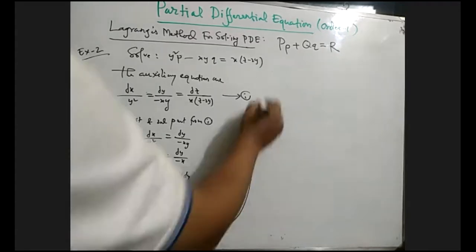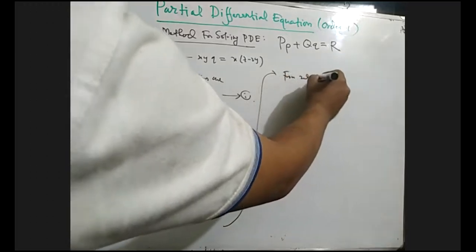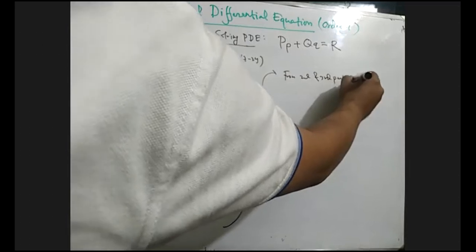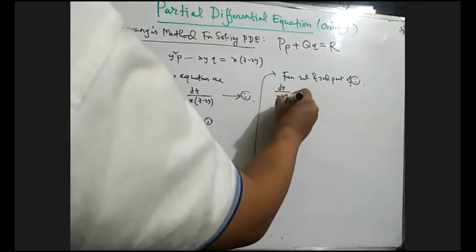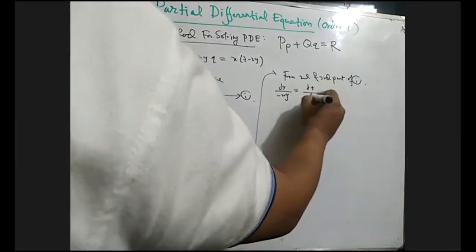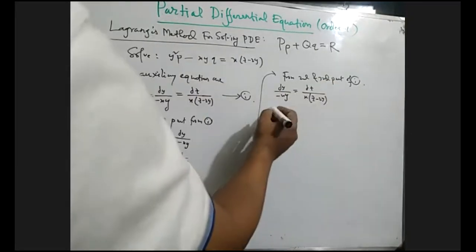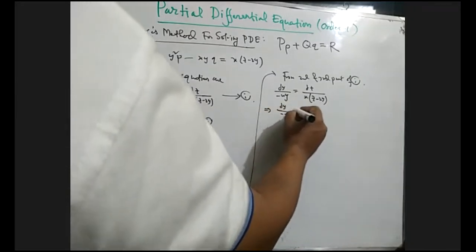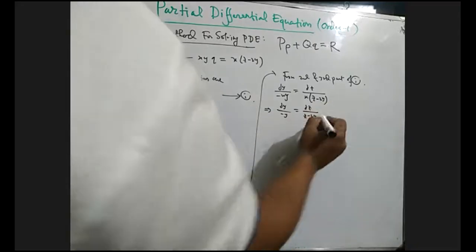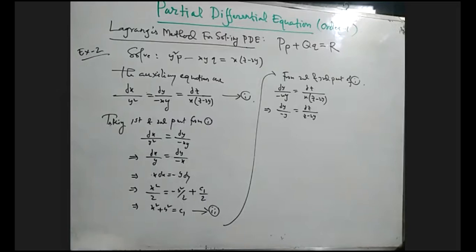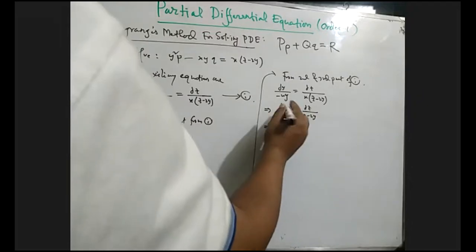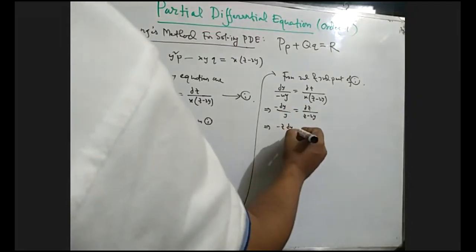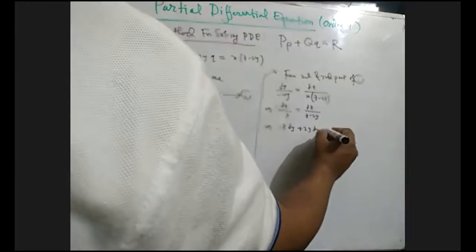Now from the second and third part of auxiliary equation 1, we can write dy divided by minus xy equals to dz divided by, removing x from both sides, minus y, z minus 2y. So by cross multiplication, we can write minus z dy plus 2y dy equals to y dz.